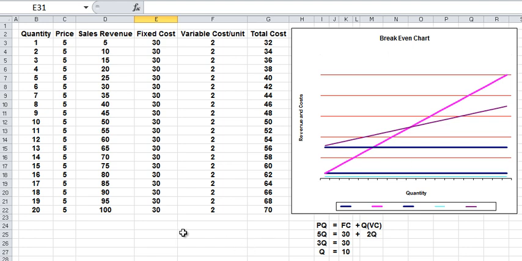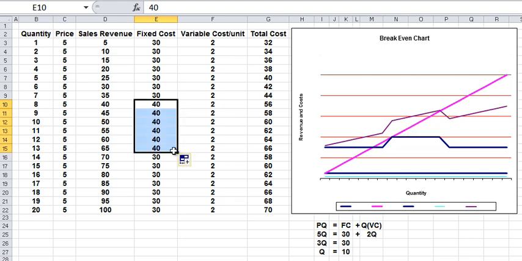You can actually play with this if you want to. Let's say for some reason the fixed costs here increased to 40. There you go. It just amends the chart straight away. If we change a few of them, you'll see it looks like that. Let's just change it back.